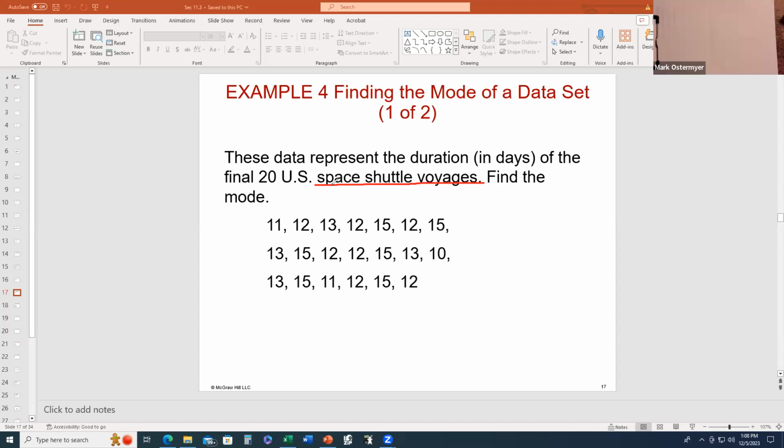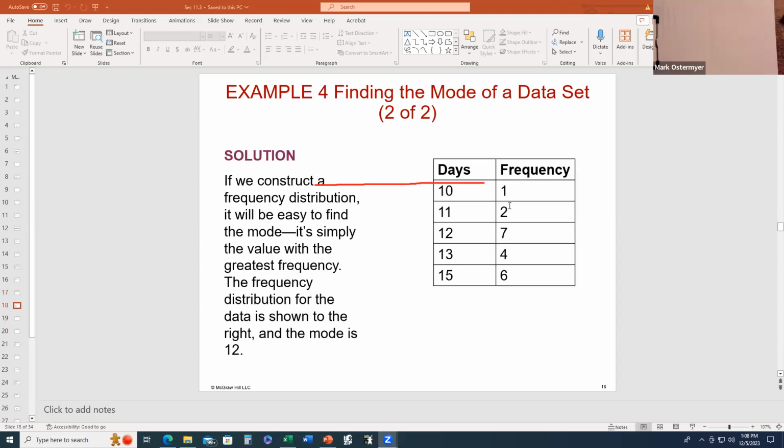Is that correct? 15 occurs, what, 6 times? Yeah, so what data point is the most frequently occurring data point? Oh, here you go. 12 is the winner, ladies and gentlemen.